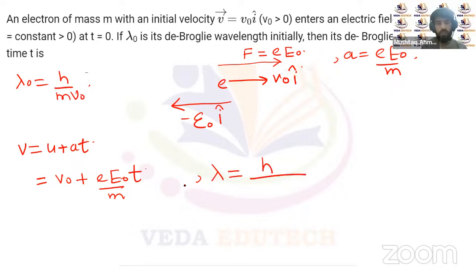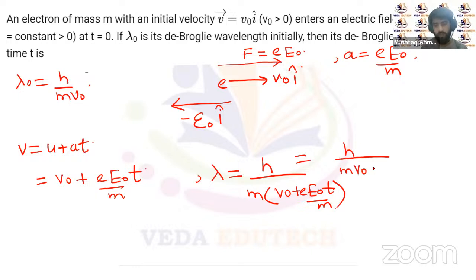The de Broglie wavelength at the later time t will be h upon mv, which is h upon m times v naught plus e E naught t upon m. We can further solve it: m v naught plus, m and m get cancelled, we are left with e E naught t.